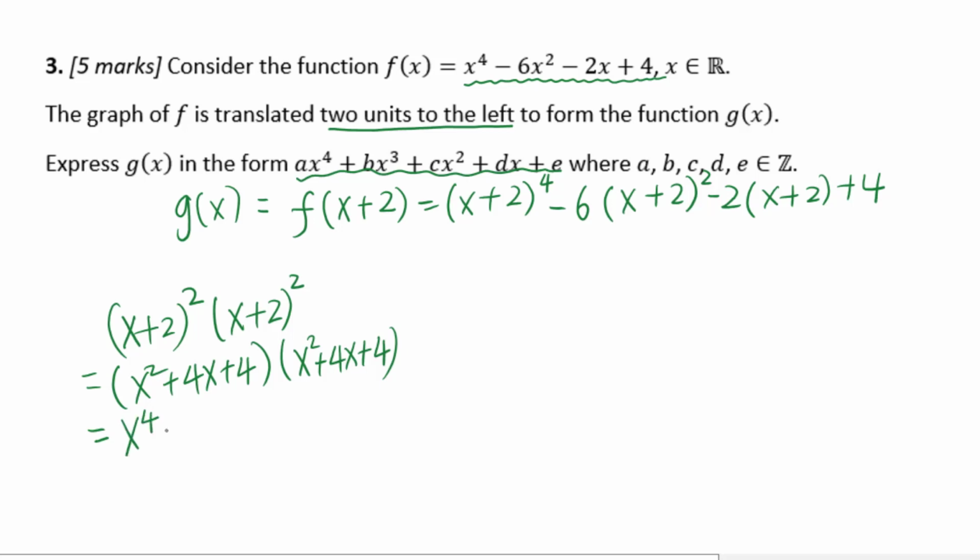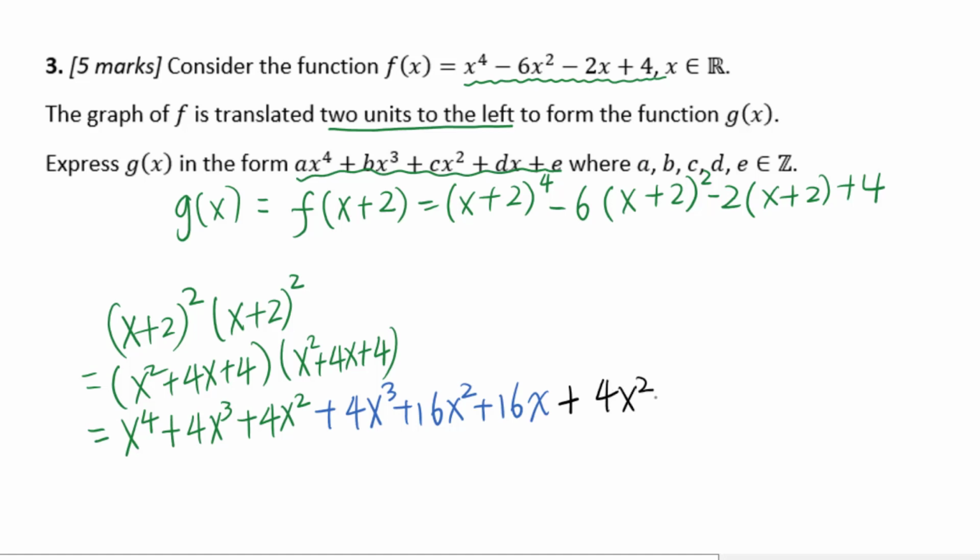X to the fourth power plus 4x third power plus 4x squared, then plus 4x to the third power plus 16x squared plus 16x, then plus 4x squared plus 16x plus 16.